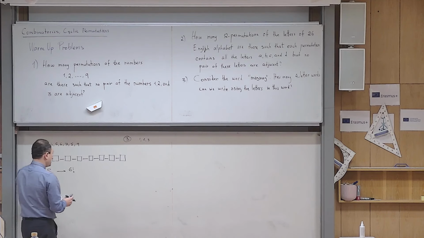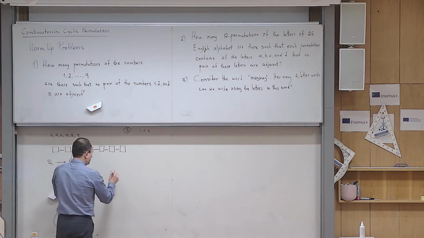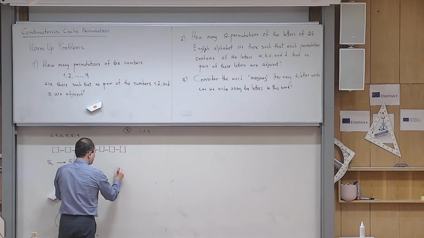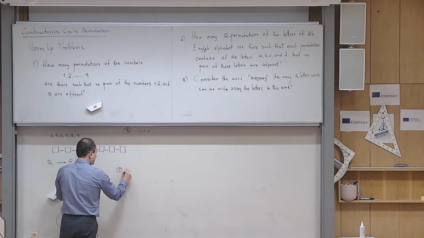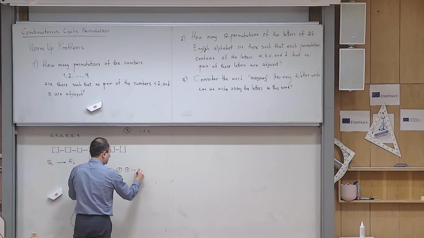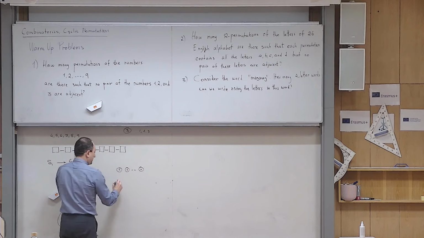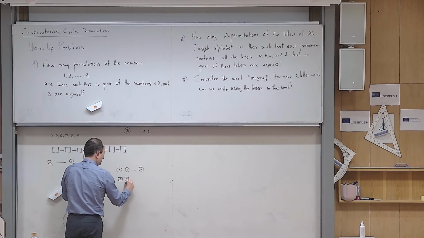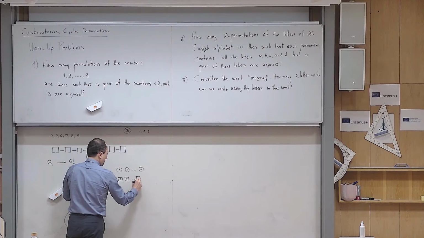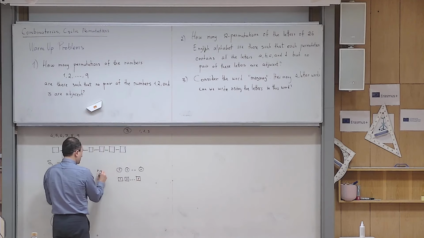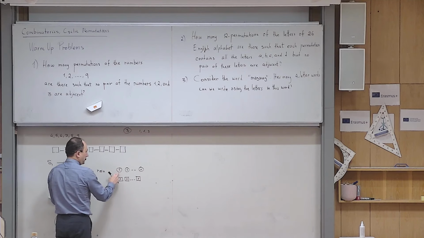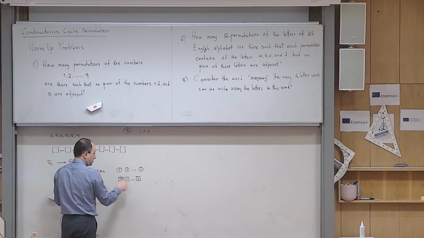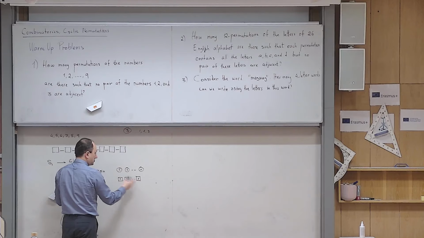So this is important. Let me repeat this again. If you have n distinct marbles, but you have a smaller number of boxes, again distinct, let us say r, I assume that r is less than or equal to n. So I have n distinct marbles and r distinct boxes.